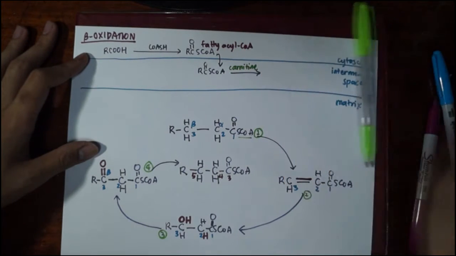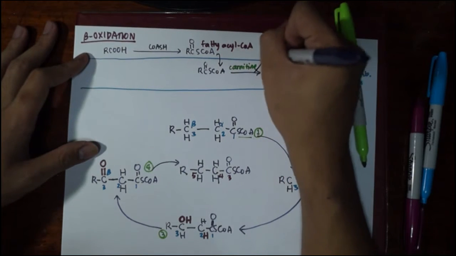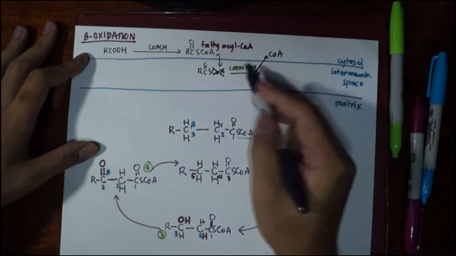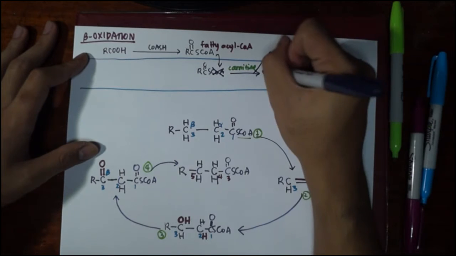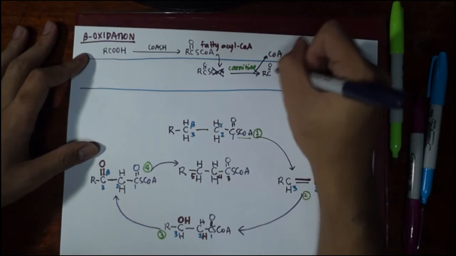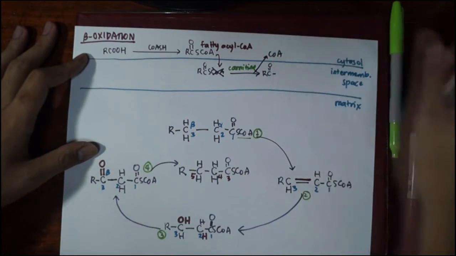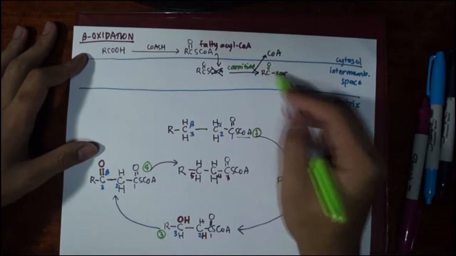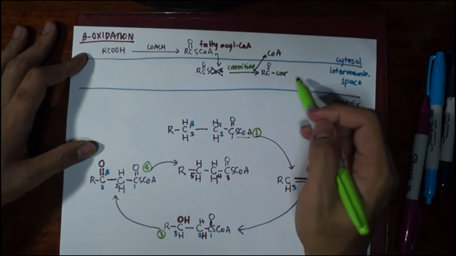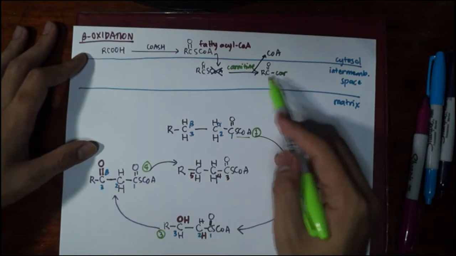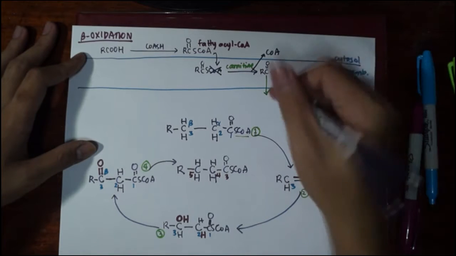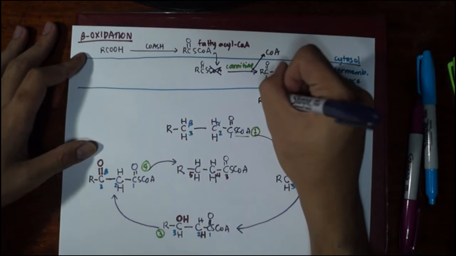The coenzyme A is liberated, so it becomes removed. Now the ones that combine are the fatty acid and the carnitine. This is essential because carnitine is the assistant of the fatty acid in going from the intermembrane space down to the matrix.